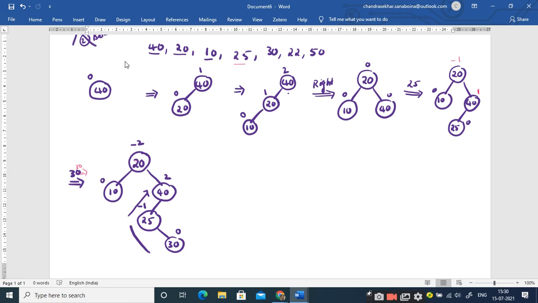Do you understand this concept? Yes, sir. So when you have two nodes which are imbalanced, or where the balance factors are not within the range, then from the node which you have inserted recently, you go towards its parents, or its ancestors. What is the parent of 30? 25. What is the parent of 25? It is 40.